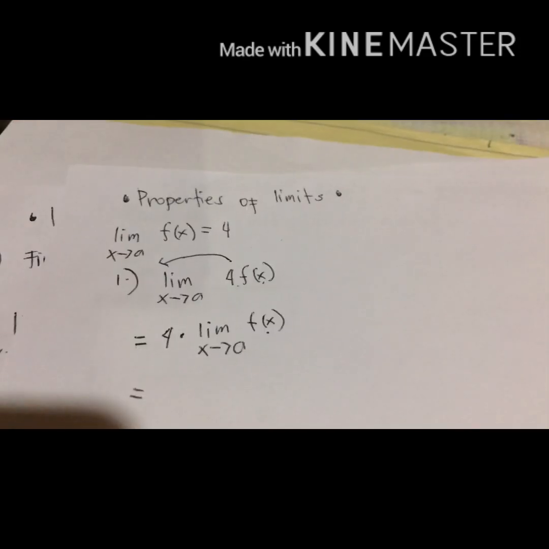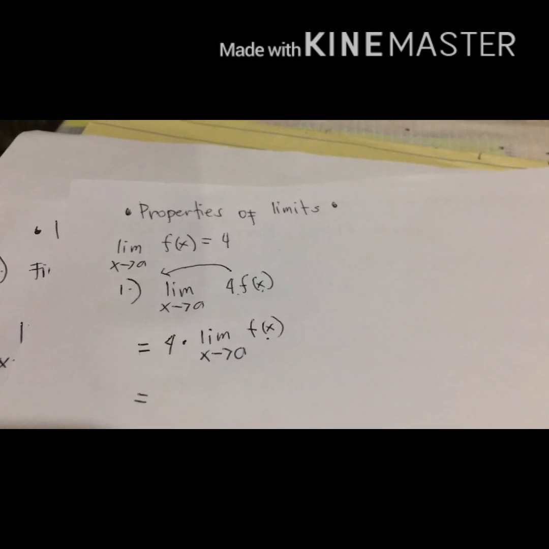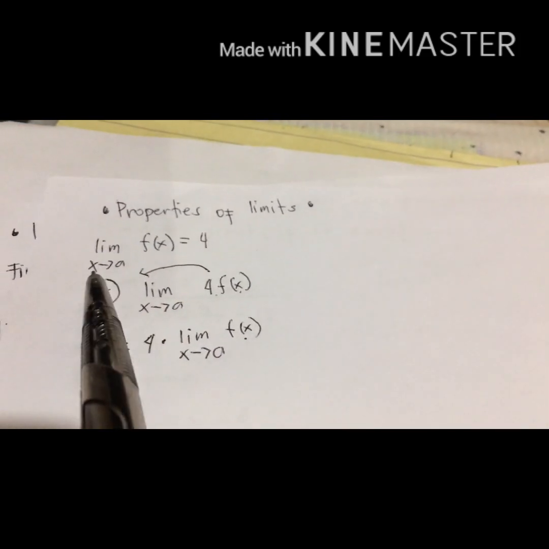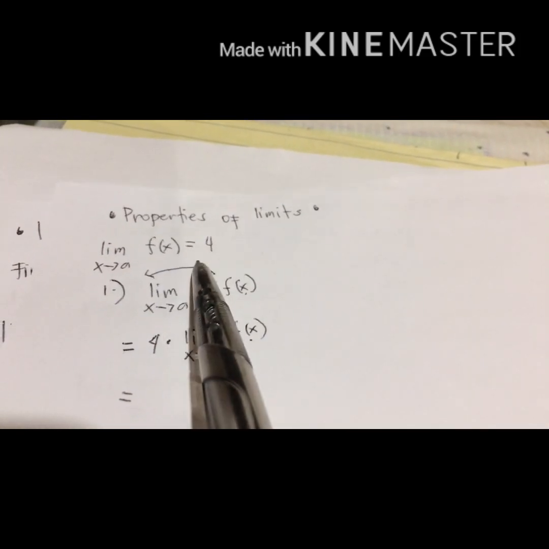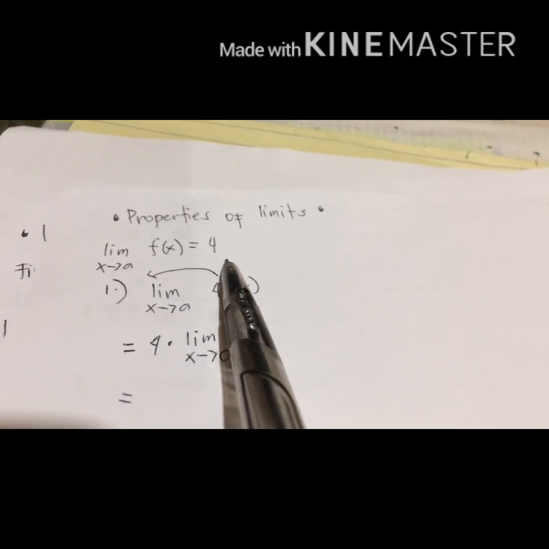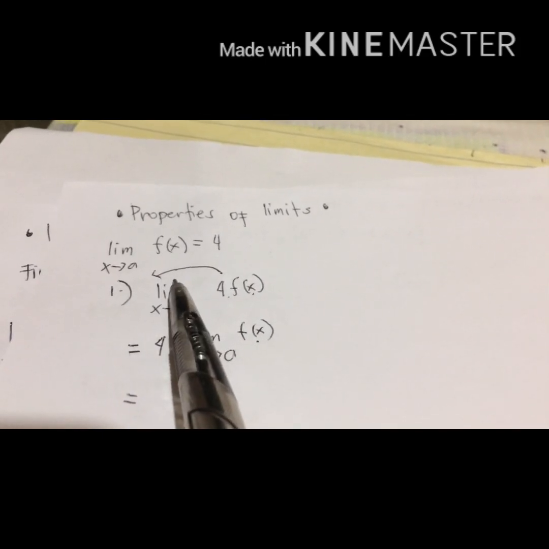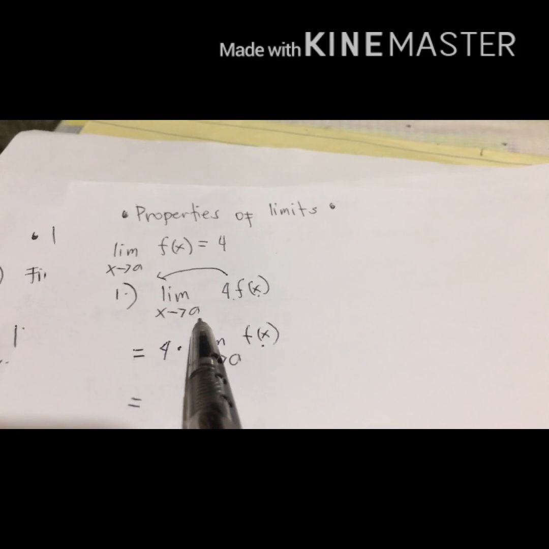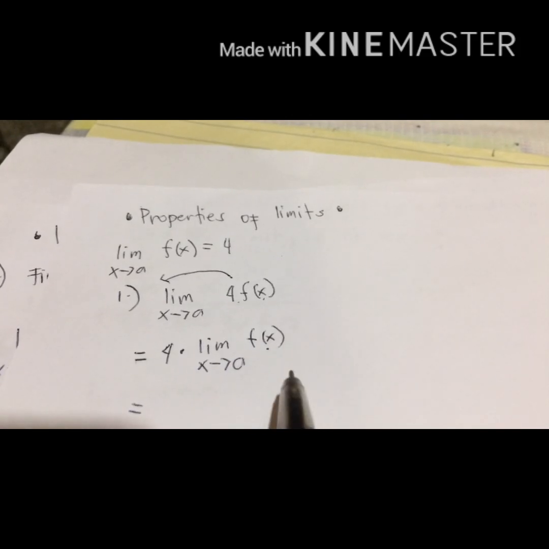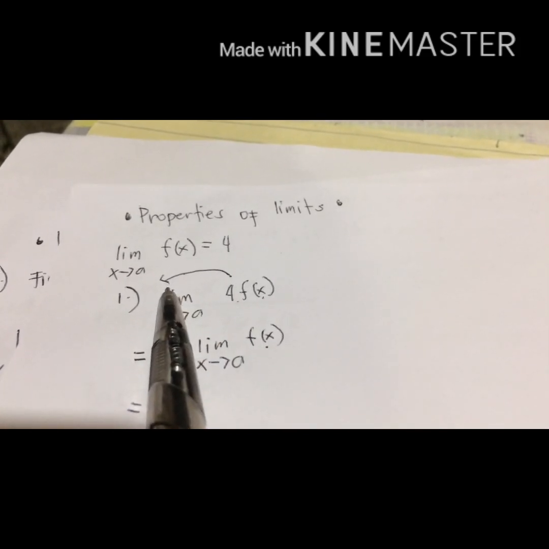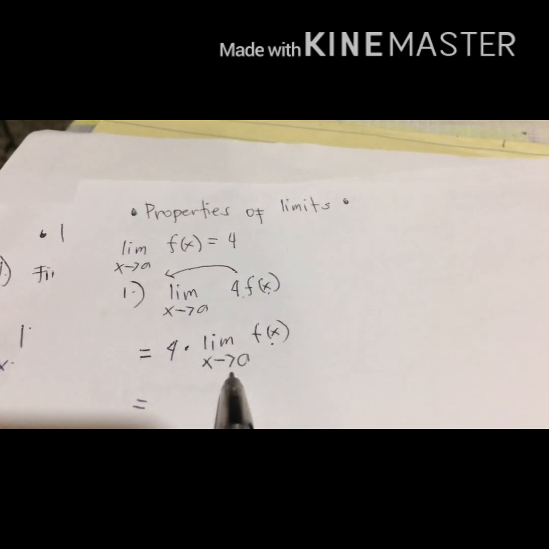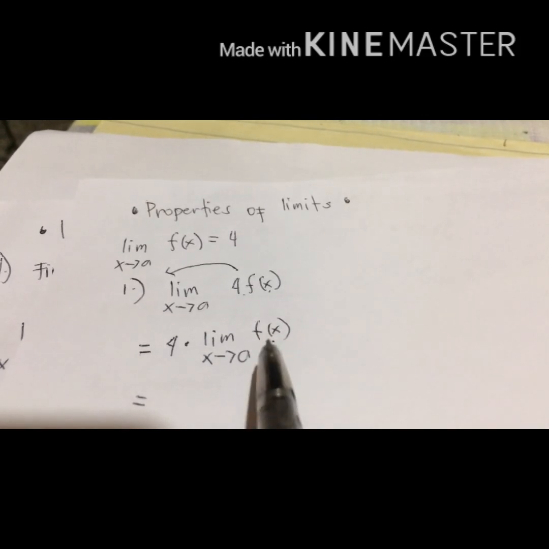Limit exists. Next is to find the limit of the function by using properties of limits. Example, the limit as x approaches a of f of x equals 4. We have a value here of f of x, which is 4. By using that information, what is the limit as x approaches a of 4 times f of x? What we're going to do is take the constant and move it to the front, so it is equivalent to 4 times the limit as x approaches a of f of x.